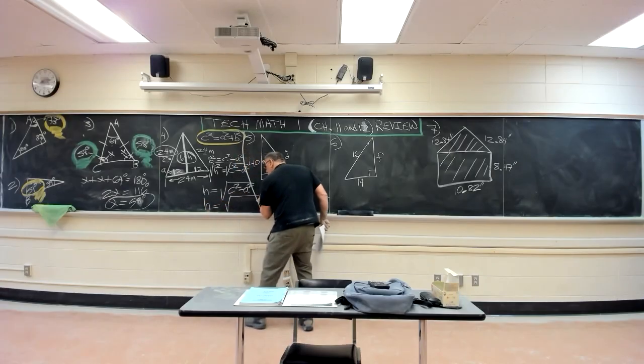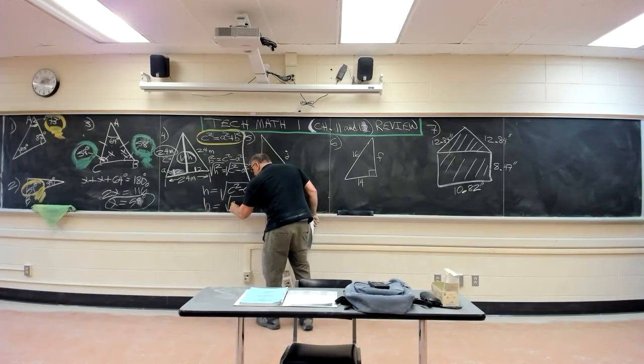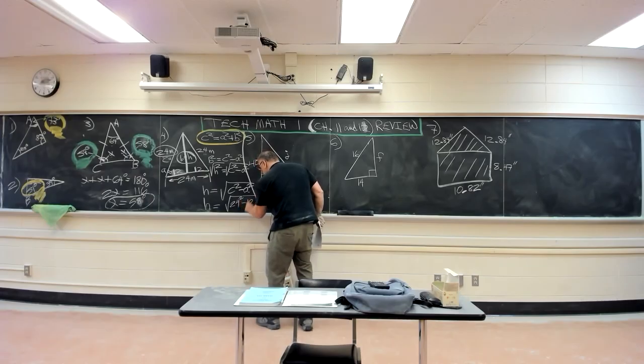H equals, c is 24 squared. C is 24, you're going to square it. A is equal to 12, square it.